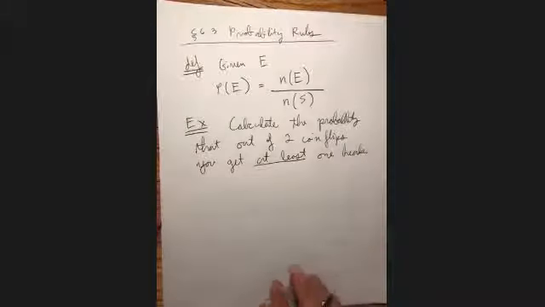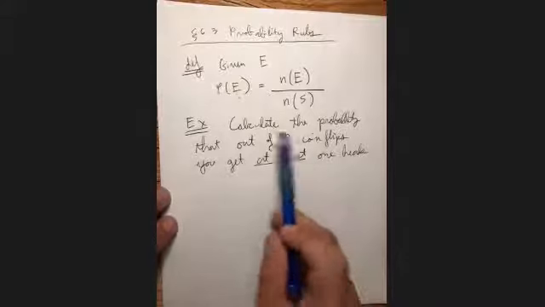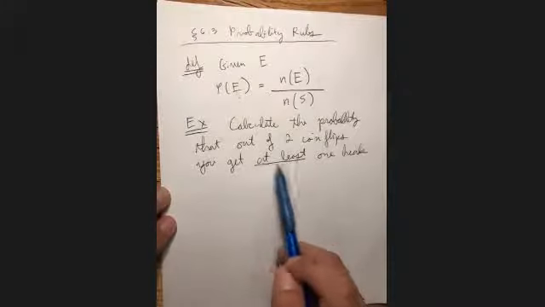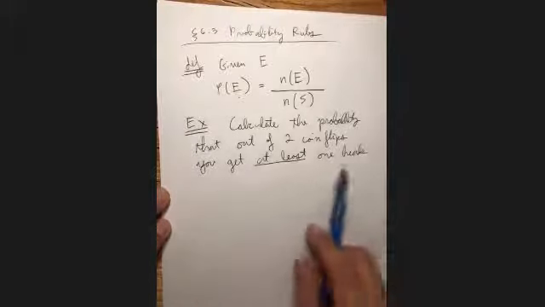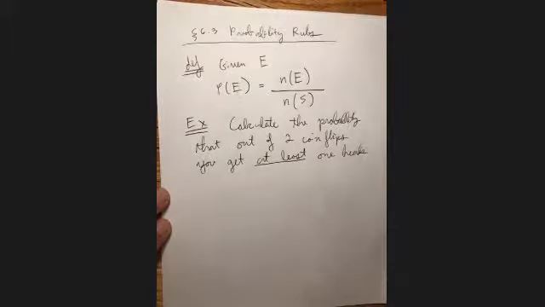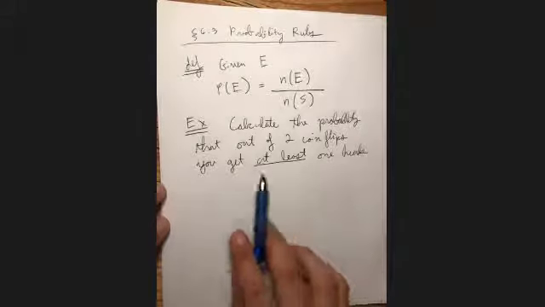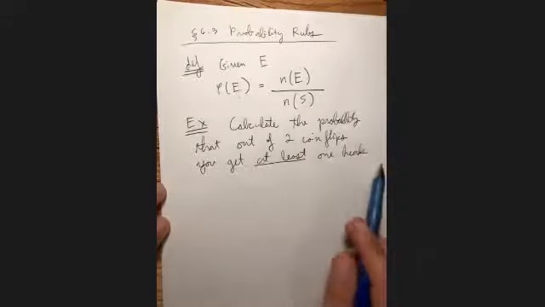So we want to calculate this probability. In order to do so, we really need to focus on this word at least. And in fact, this sort of wording tells us that we're dealing with what we call an at least probability. So what does it mean to have at least 1 heads?